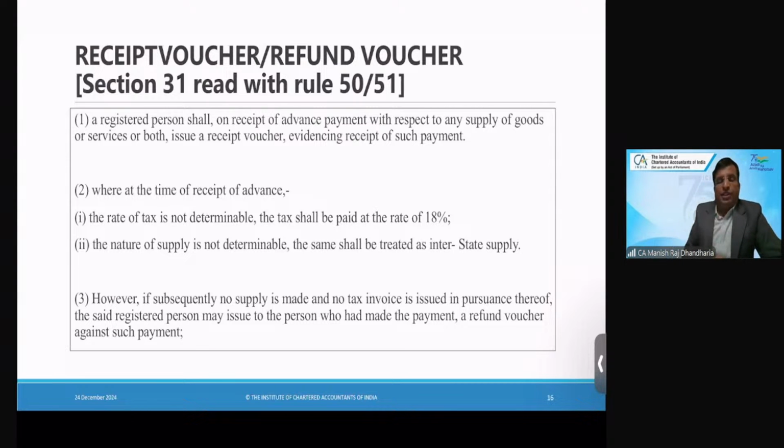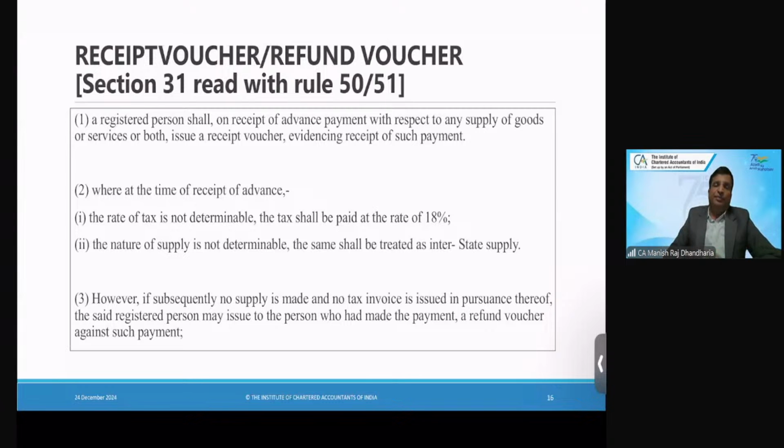Let us come to the first case. I received the advance, I paid the tax. Now actual service has been given. So now I will issue tax invoice, but I don't have to pay the tax again because tax has already been paid.